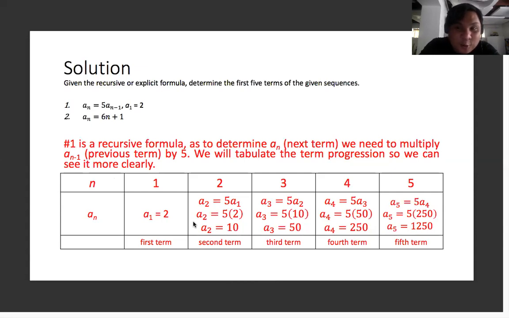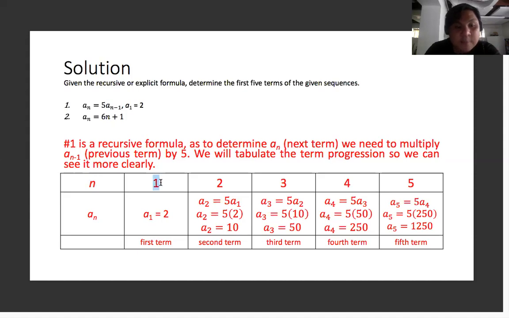All right, here we go. So the way we solved it, we tabulated it so that we can actually see how it progresses. So number 1, as I mentioned, is a recursive formula, as a sub n is determined by multiplying 5 to the term previous to a sub n, which is a sub n minus 1. Okay, so to be able to see what the first 5 terms are, here is the term number.